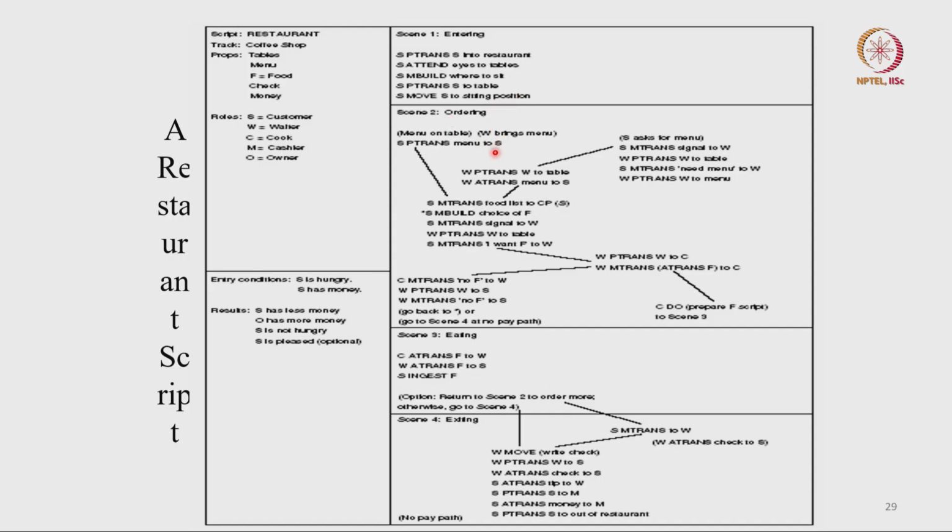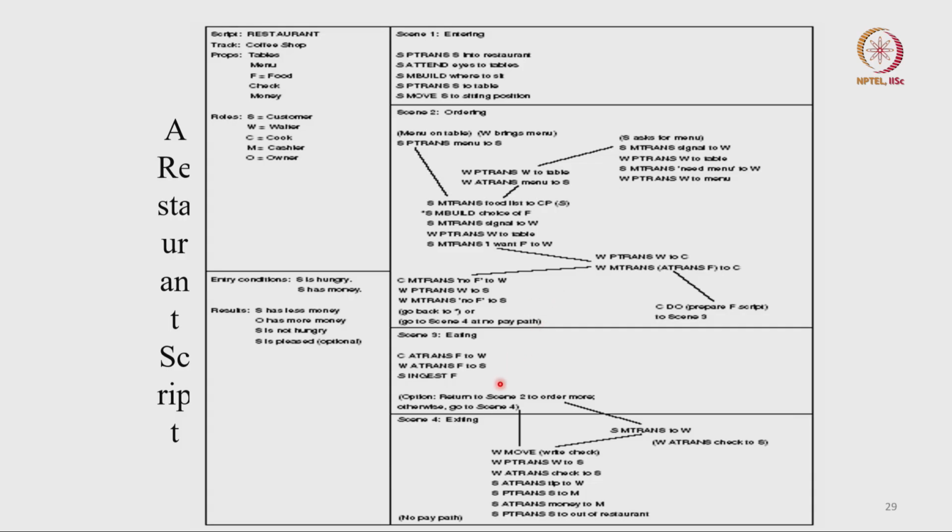And the second one is the ordering. Okay. Either the menu is on the table or he may ask the waiter for the menu, etc. And then once he takes the menu, how he orders the food. Okay. He decides what he is going to eat and then he orders the food, etc.